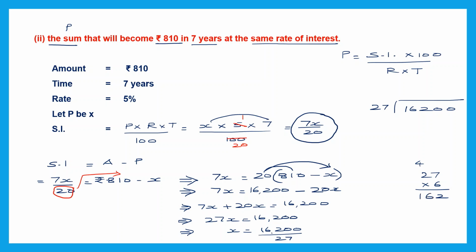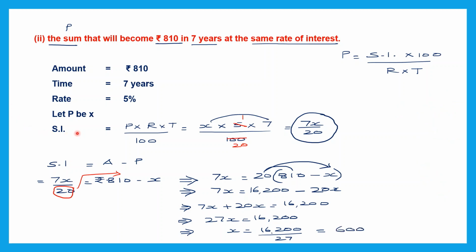I have 162. So 27 into 6 is 162, minus, and I have these zeros which I will carry up, this 0 and this 0. So my answer here is 600. My quotient is 600. So I have found the value of x to be 600.